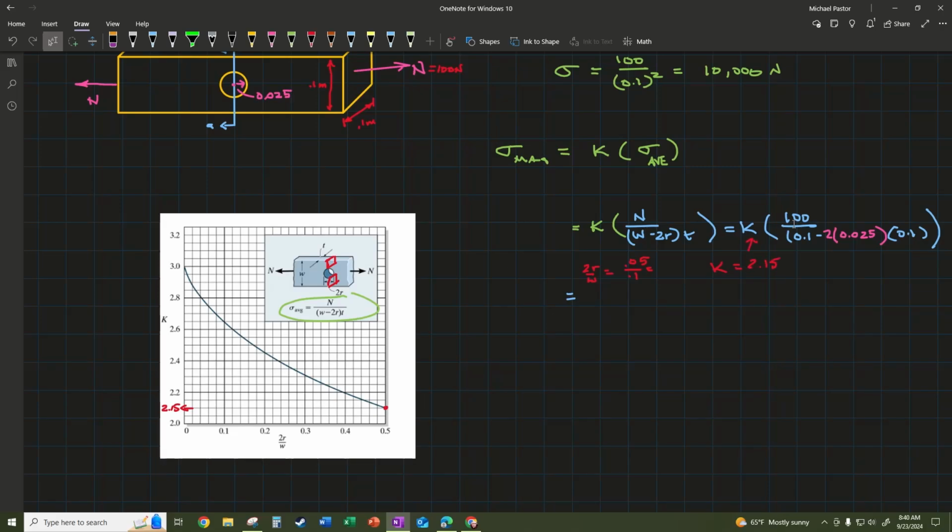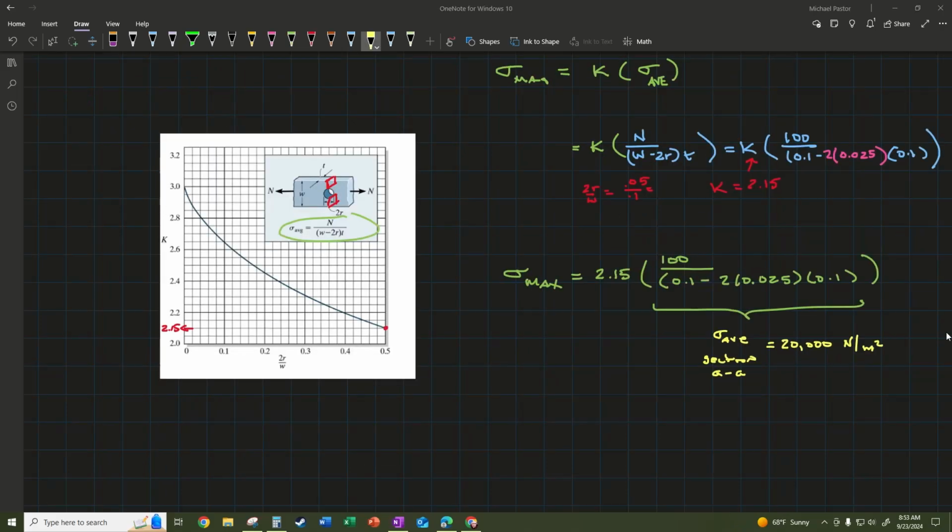Let's substitute that K in there and solve our relationship for our maximum stress concentration. And we end up with sigma max equals.